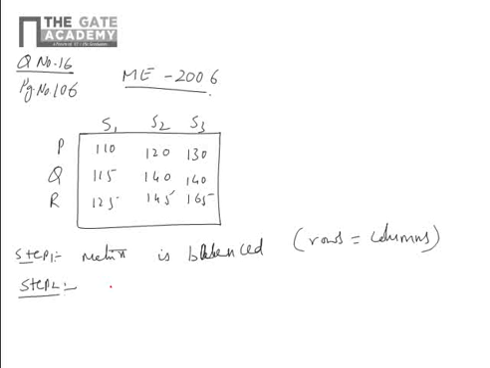Then first calculate the row transformation matrix. The row transformation matrix is calculated by selecting the minimum value in each row and subtracting it from all other values in that row. For example, take the first row, minimum value is 110.